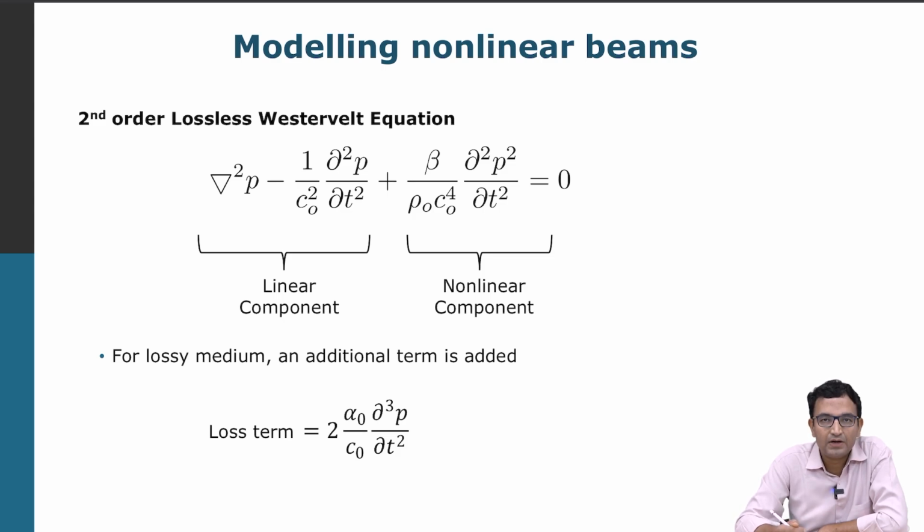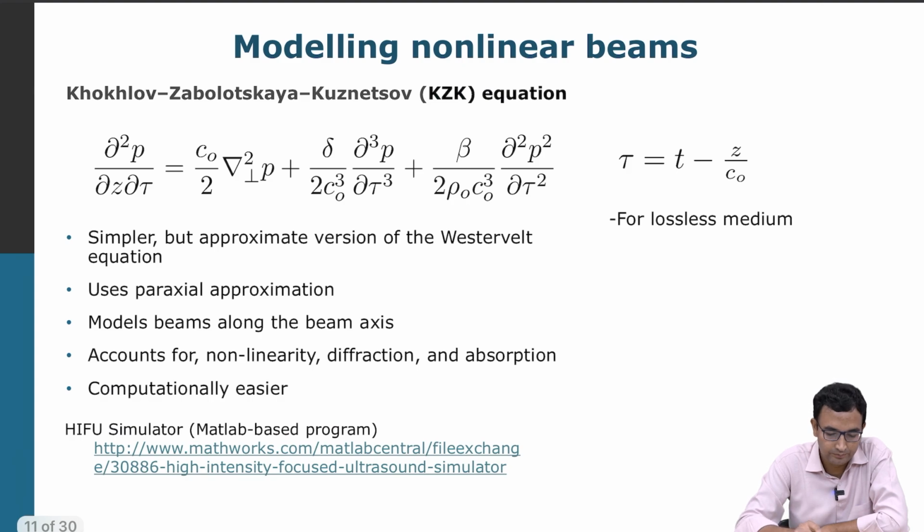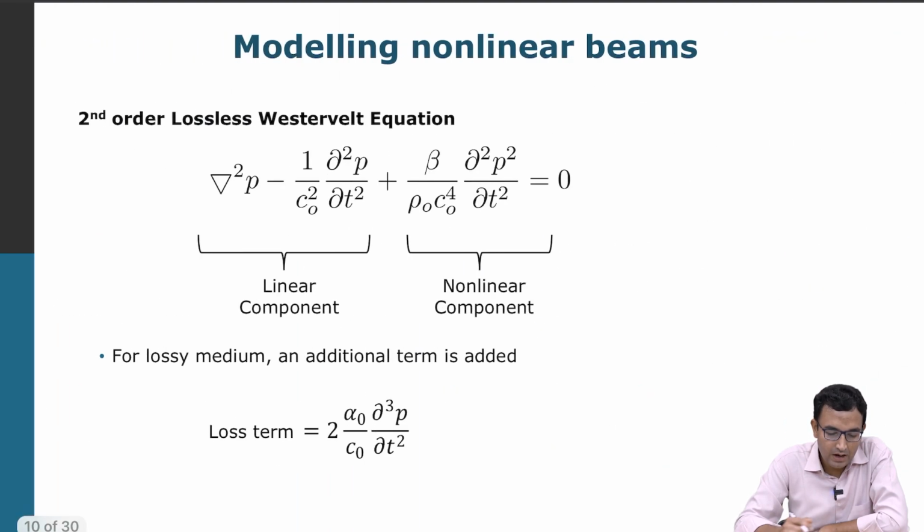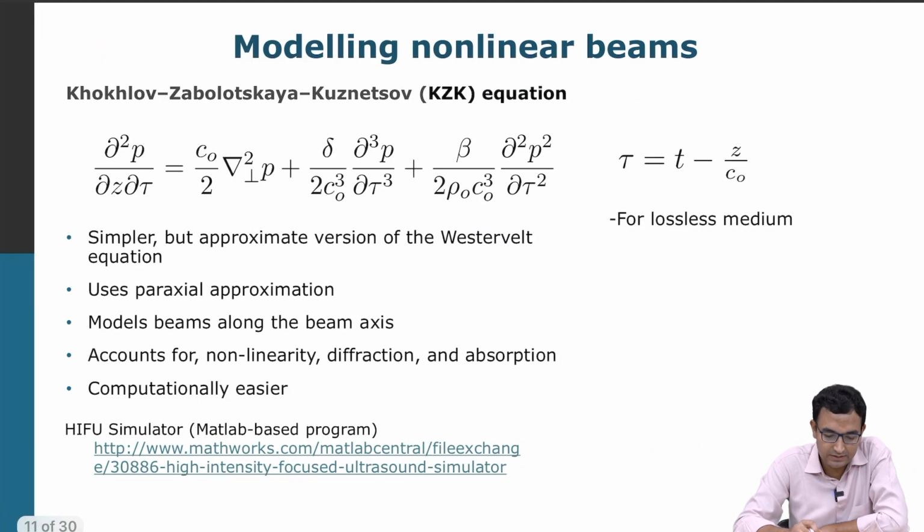Like I had said, typically absorption is the primary part of the attenuation. Therefore, sometimes it's harder to measure absorption and easier to measure attenuation. Sometimes we go with the attenuation coefficient and call it the absorption coefficient because they're approximately similar. Now this equation is harder to solve. The Westervelt equation is computationally more intensive.